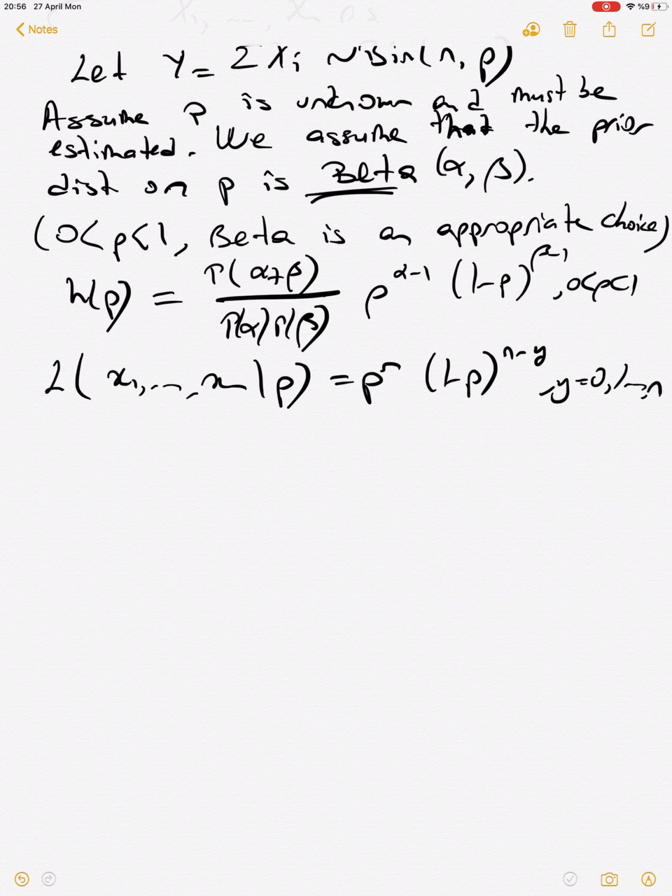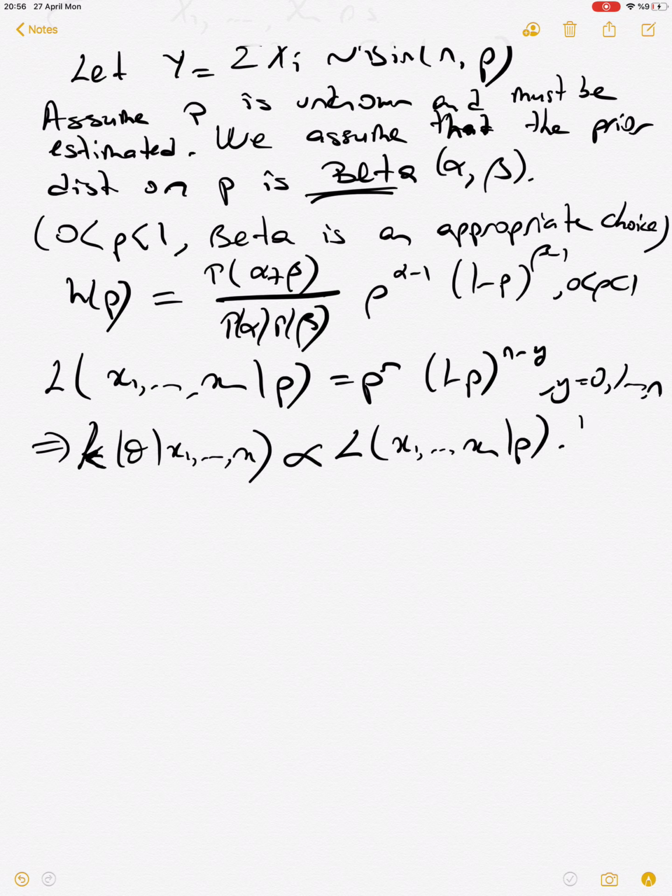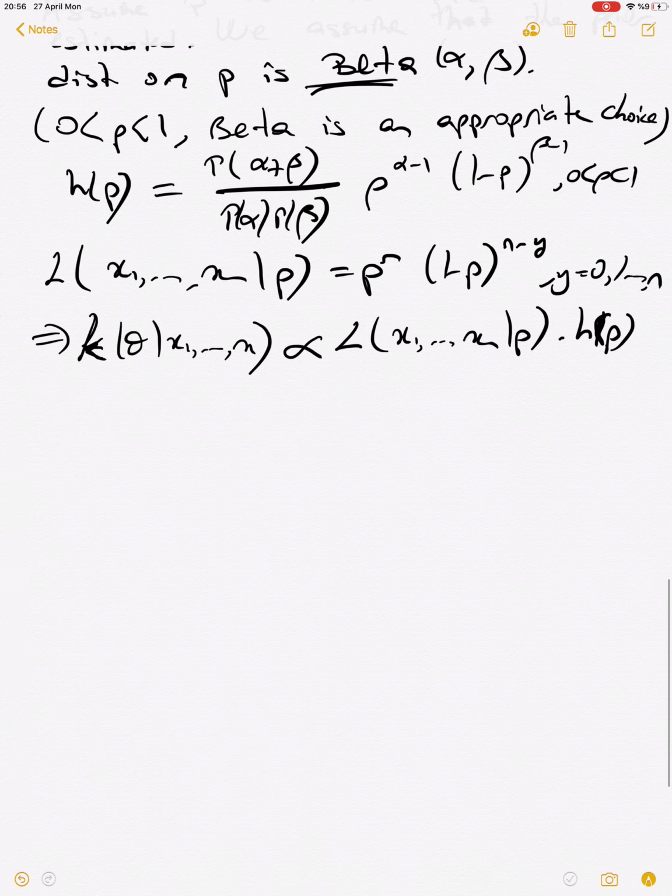Okay, then our posterior distribution can be calculated, again using the proportional approach. It's easy: it is the multiplication of the likelihood function times the prior. Okay, so that's easy actually.